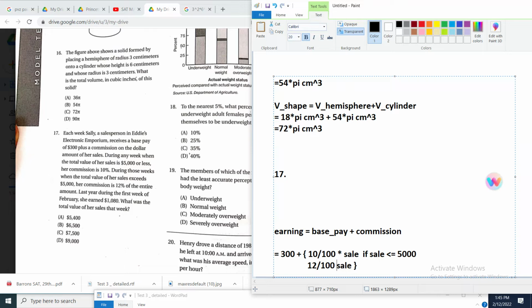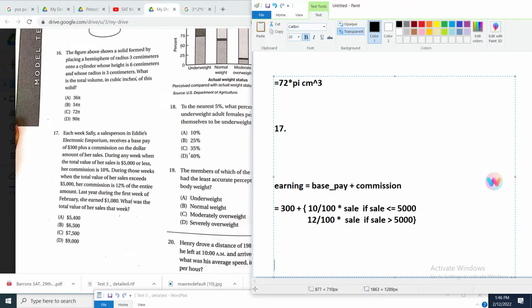So we have a piecewise function here, because it can be chopped up into situations. So if sales exceed 5,000. That is the formula for her earnings.